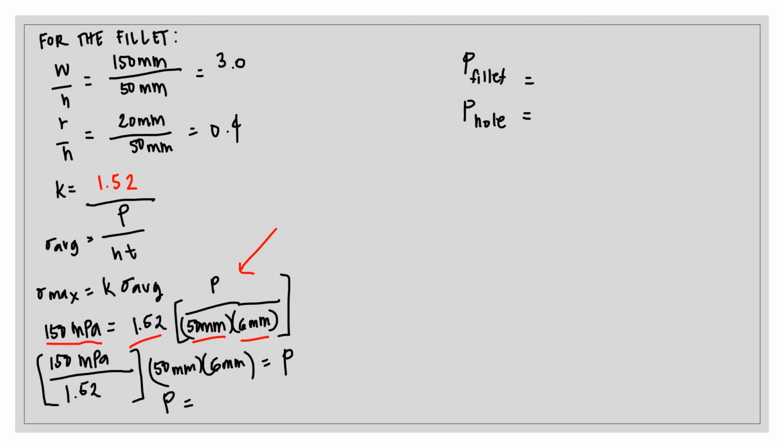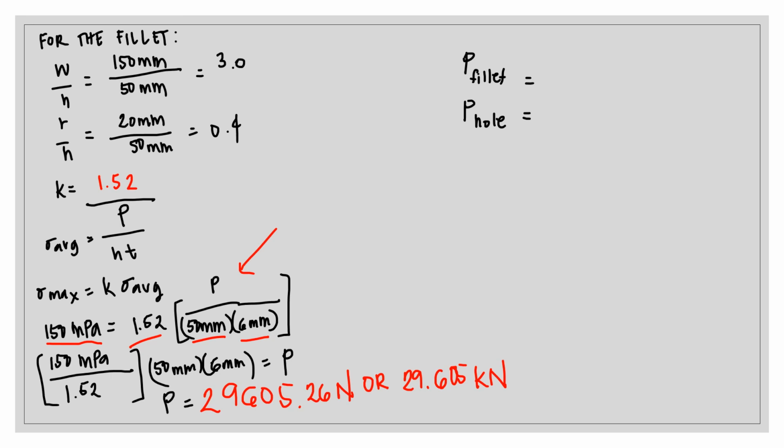Isolating the value of force P on the left side, we have the value of P as 29.605 kilonewtons.